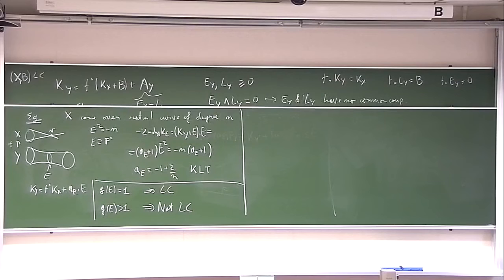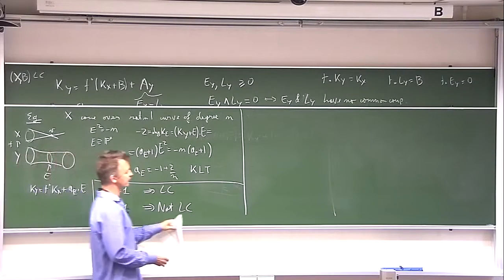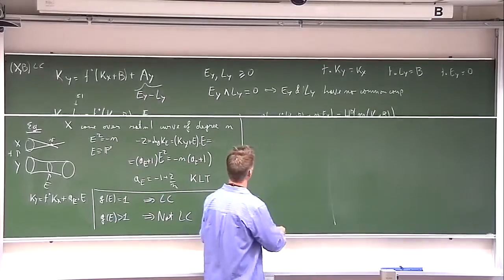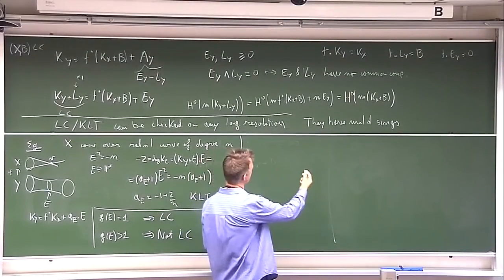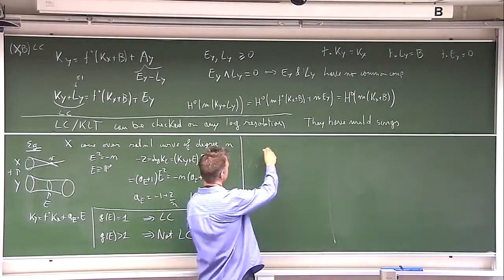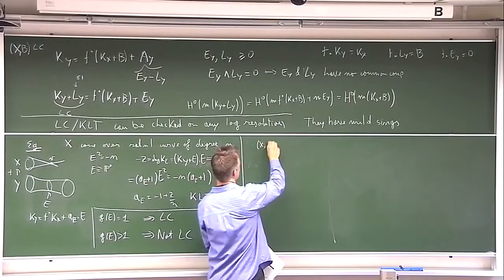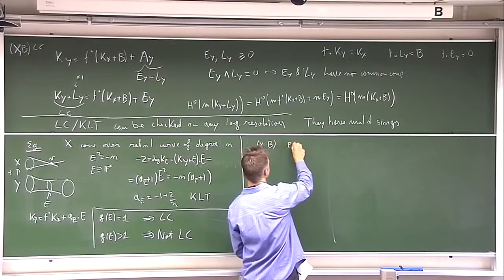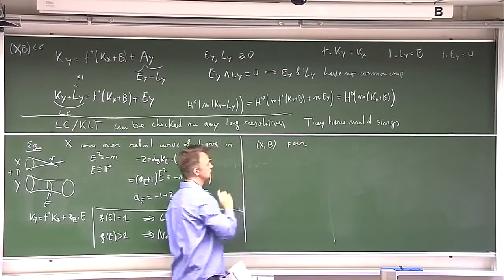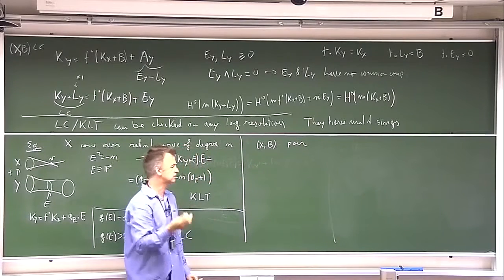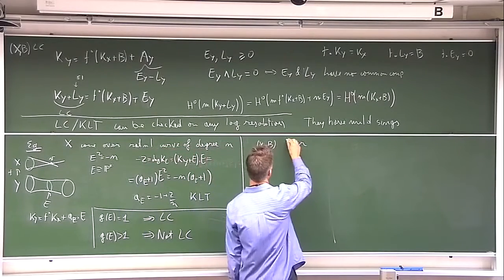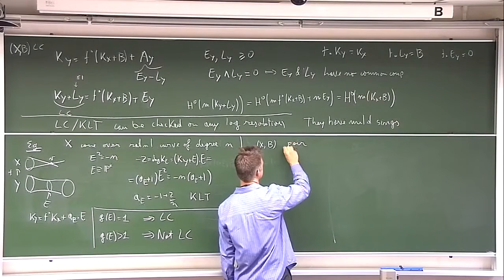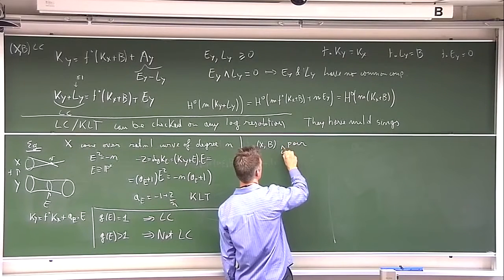I've lost my notes, so I'll use a definition which will be correct, though the notation may or may not be standard. So how can you compute a log canonical threshold? Suppose that we have a pair (X, B), and probably you want to assume that the coefficients of B are between 0 and 1. Let's assume that it's at least a log canonical pair.